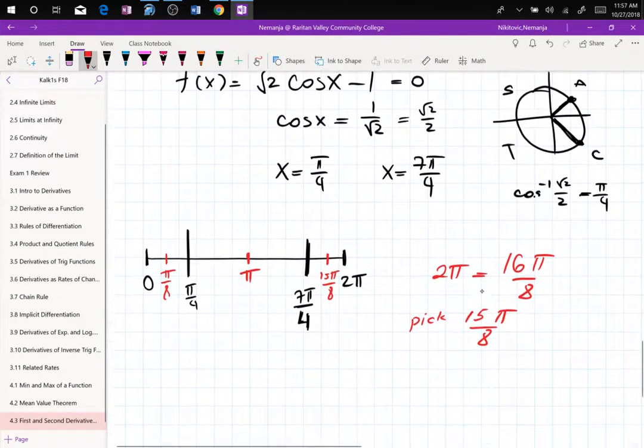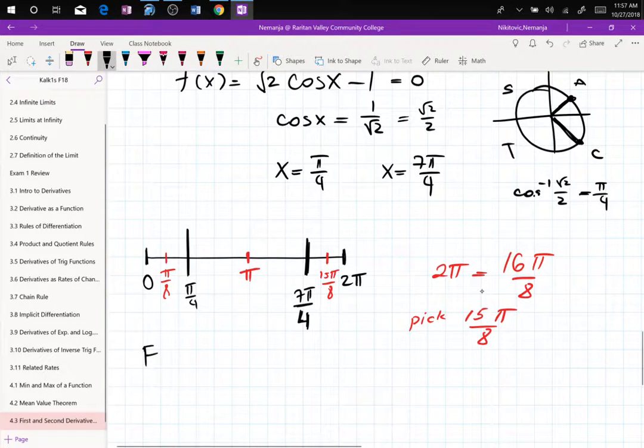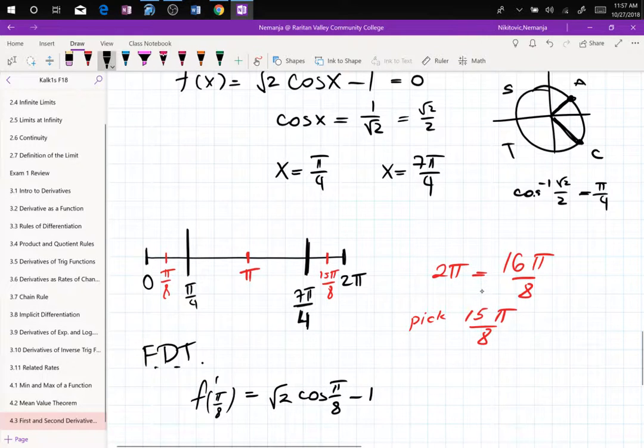And now we have to do the first derivative test. So we are testing the 3 red points. We have the first derivative computed at pi over 8. First derivative is square root of 2 cosine of pi over 8 minus 1. You make sure that your calculations are in radians.